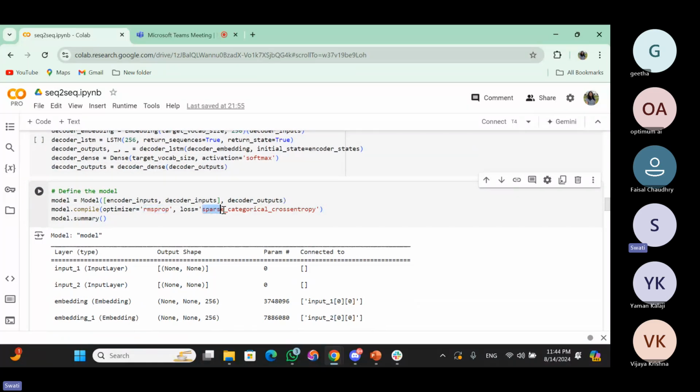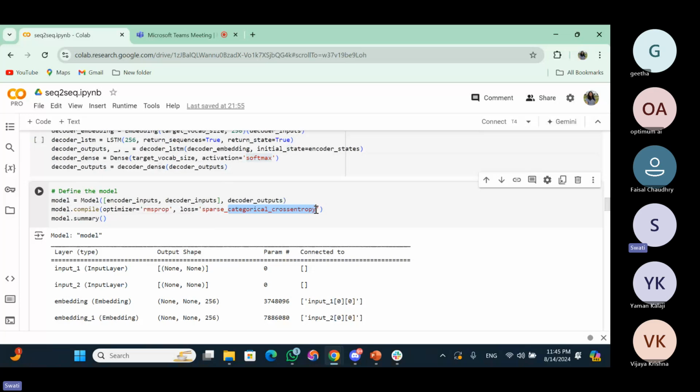And the loss function we are taking is sparse categorical cross entropy. This is similar to categorical cross entropy, as I just mentioned, since this is a multi-class classification problem. That's why we use the softmax function in the output layer, and in a similar way, while calculating the loss, we use categorical cross entropy.